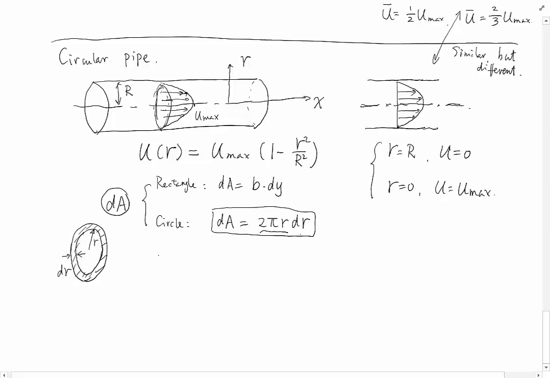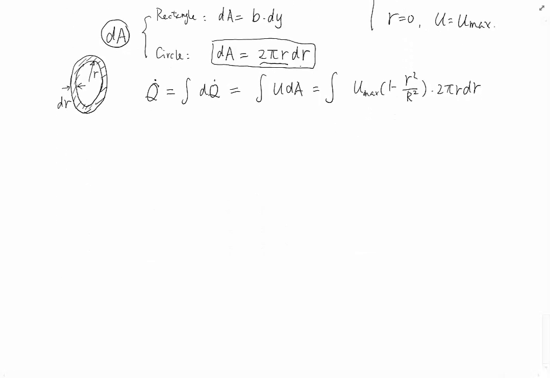Now we're ready to do the flow rate. Q is equal to the integral of dq, and that is also equal to u dA, and that is Umax times the parabolic form times 2 pi r dr. So this is u at the location of r, and this is dA.